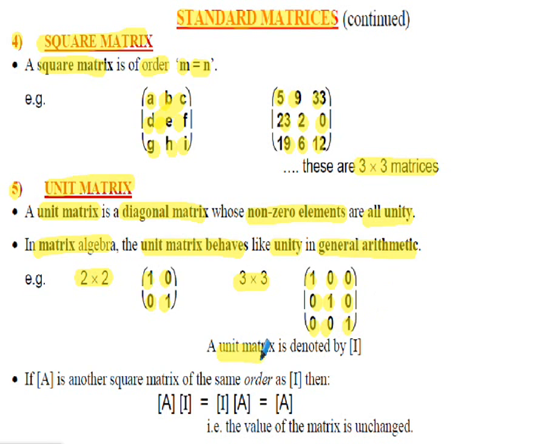A unit matrix can be denoted by the symbol I for identity. So if matrix A is another square matrix of the same order as I, then matrix A multiplied by the matrix I is equal to the matrix I multiplied by matrix A, which is equal to matrix A. In other words, the value of matrix A is unchanged when it's multiplied by the identity matrix.